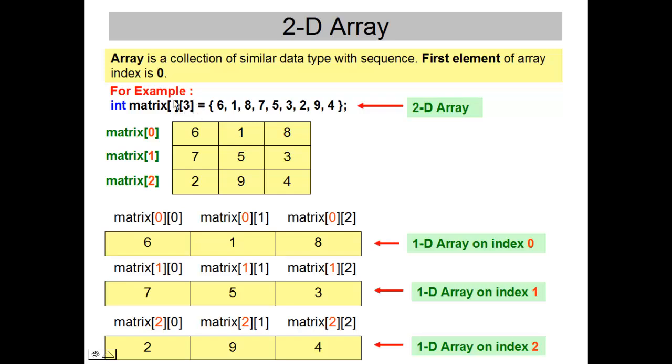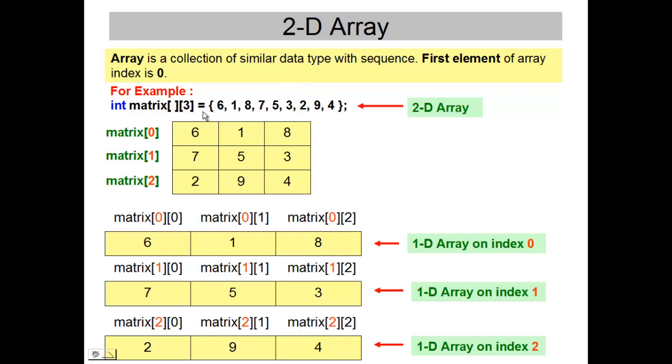So it is automatically divided into 3 values. The first value is 618 at location 0, then 753 at index 1, then 294 at index 2. So only the max size is given if we are initializing.